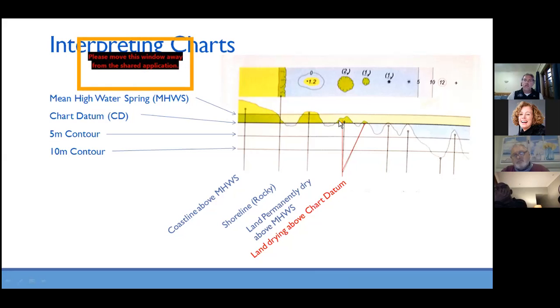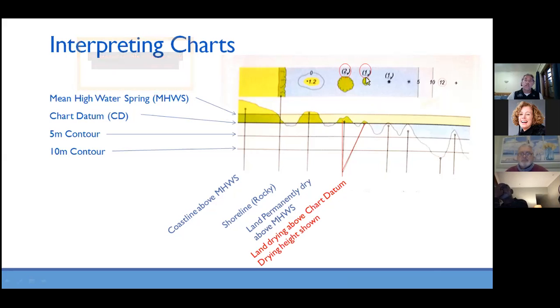It's showing that for tidal calculations and for you to be aware, this one and this one, that there is land underneath that piece of water if it's high water. And they give you drying heights, so you can calculate at high water how much we've got.